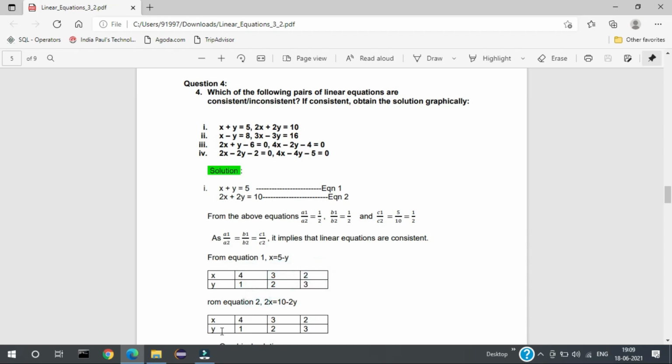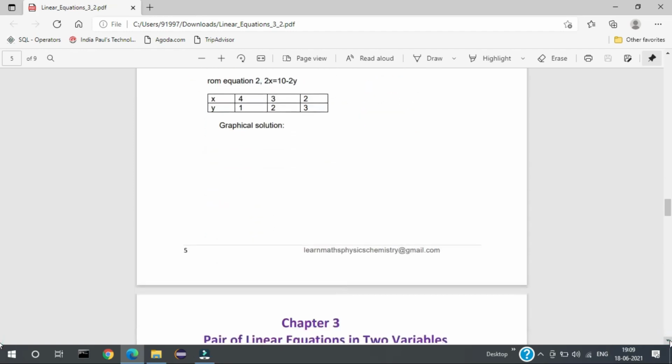From equation 2, suppose y is 1, so x will become 4. If y equals 2, x will become 3, and y equals 3, x will become 2.